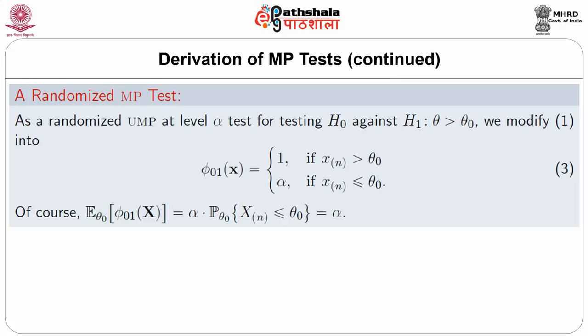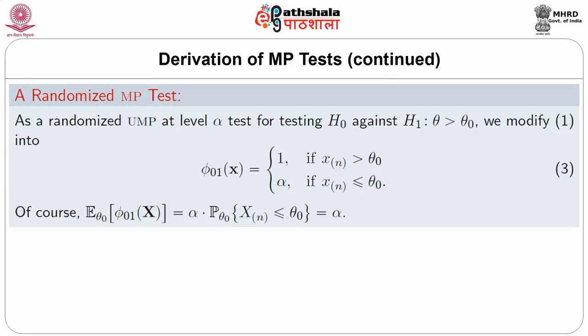But under theta naught, the probability that x order n is greater than theta naught is 0. Therefore, the probability of x order n less than or equal to theta naught is 1, because all the values are between 0 and theta naught, and that probability is definitely 1. So, alpha into 1, that is alpha.